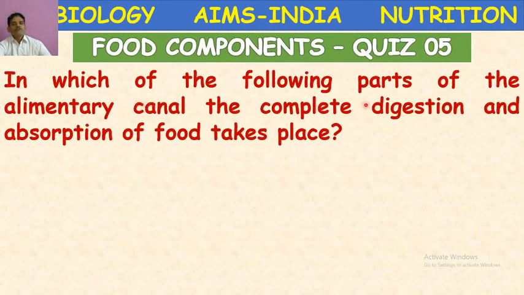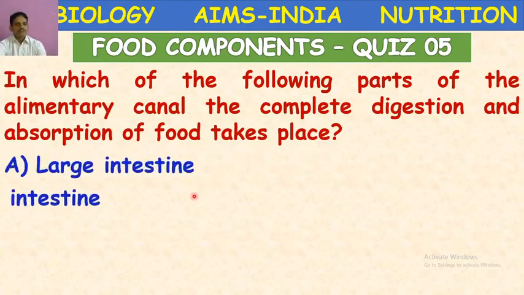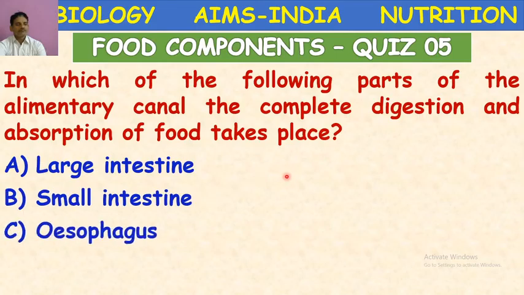In which of the following parts of the alimentary canal does the complete digestion and absorption of food take place? Large intestine, small intestine, oesophagus, stomach.